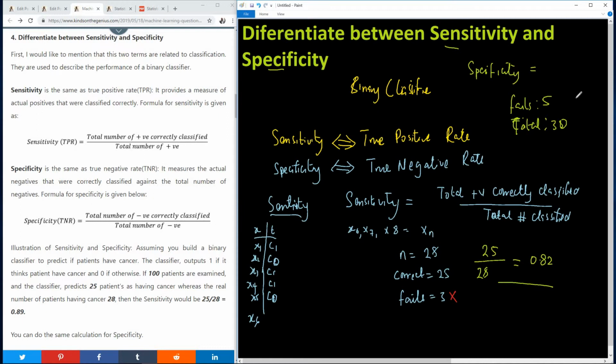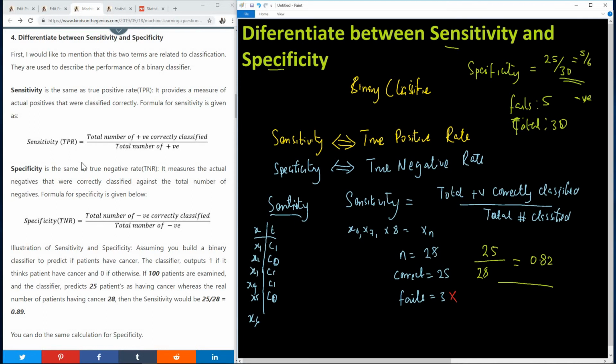And you are talking of negative classification. So it means that the specificity will now be 25 over 30, and 25 over 30 is going to give us 5 over 6. I cannot work it out at this time, maybe 0.8 something. So this is what the specificity is all about.